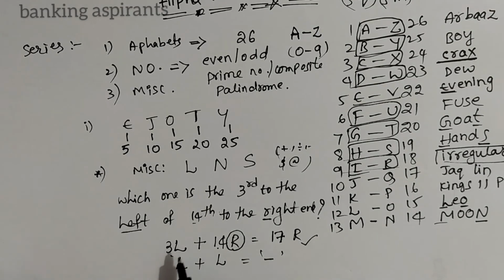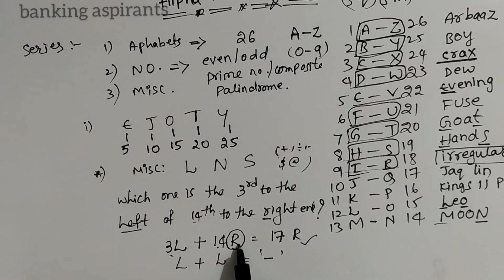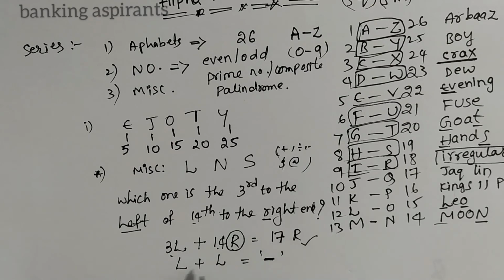When directions are opposite, we add and take the direction at the end of the question. We have right at the end of the question, so I am taking right. If we have left, we should take left. When we have the same direction, we should subtract. Opposite direction we add, same direction we subtract.